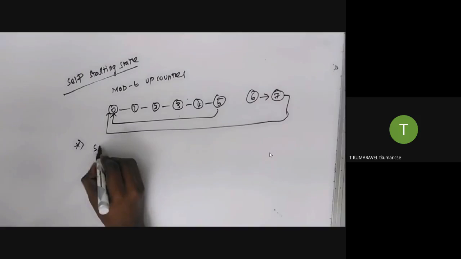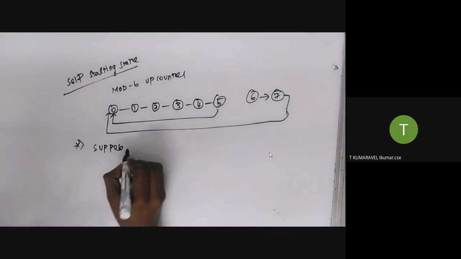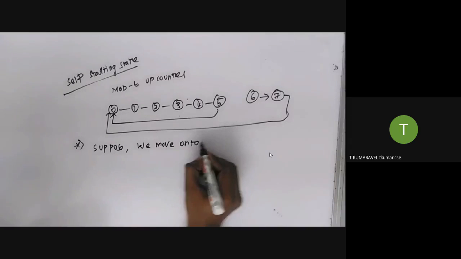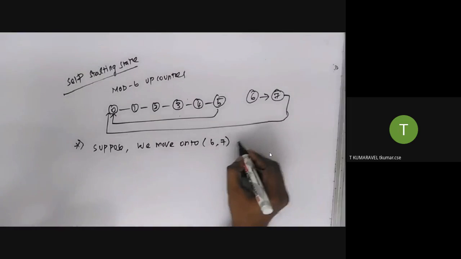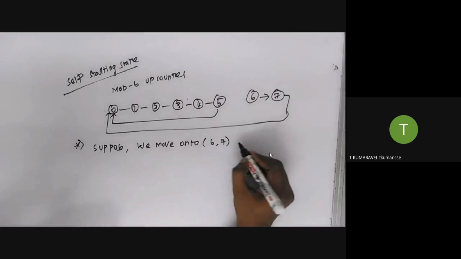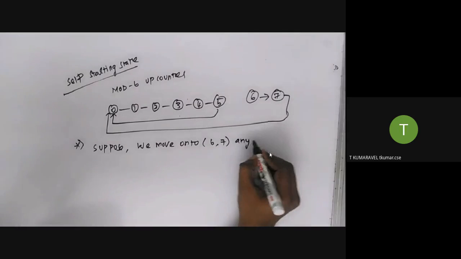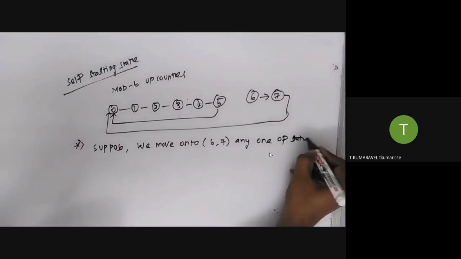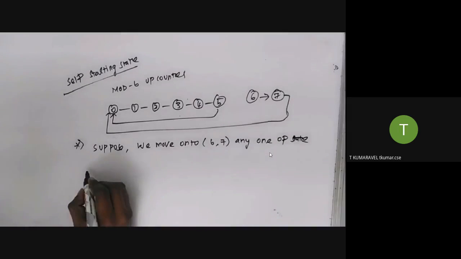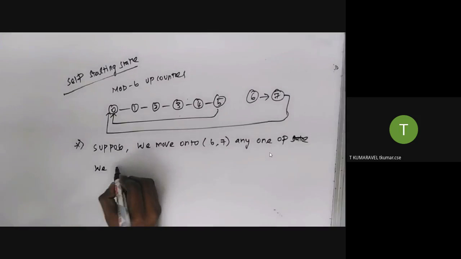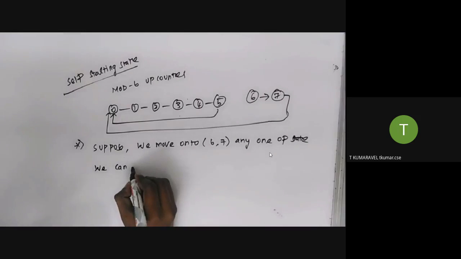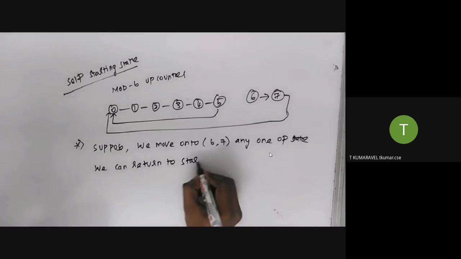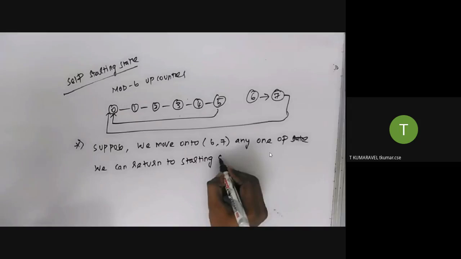Now consider 6 and 7, either one of these states. If I provide a number of clock cycles, we can return to the starting state of the counter.